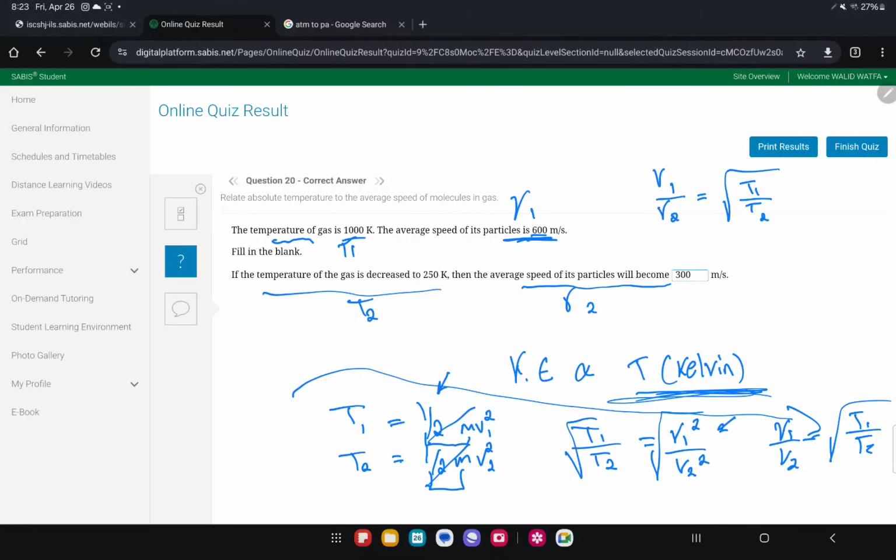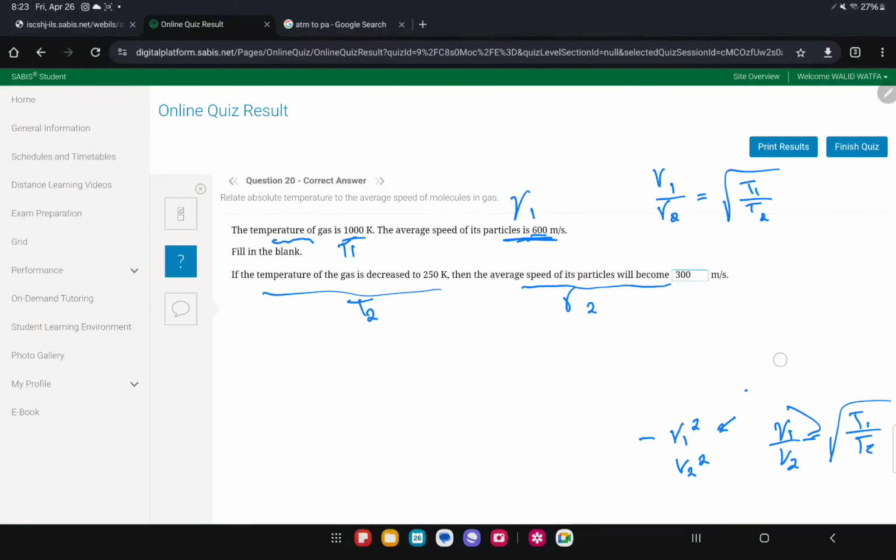Let's actually solve now. Let's use this formula. V1 is 600, so 600 over V2, the second velocity, which we don't know and are trying to find. T1 is 1000 and T2 is 250.